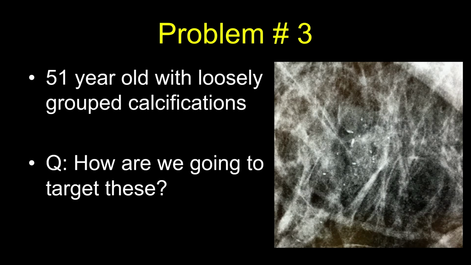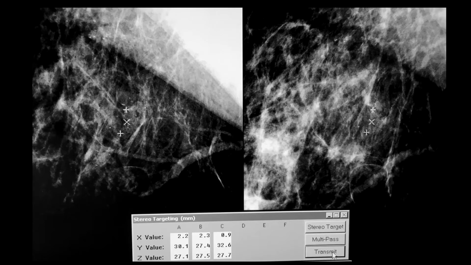There's actually a very simple way to do this, at least this is what I do. Maybe other people in the audience have even better suggestions. But in these cases, I do multiple targets. What I'm looking for is to make sure that my Z is very comparable on multiple targets, so then I have a good sense of where I am in space.